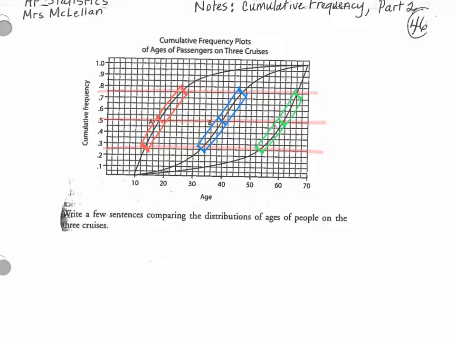Okay, now you can't have whiskers on there yet because what do I have to do before I can draw my whiskers? You have to do your fences to see if you have any outliers.